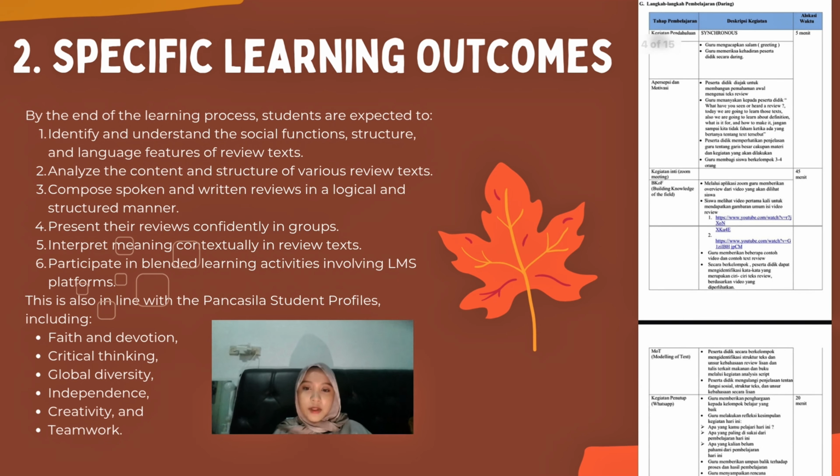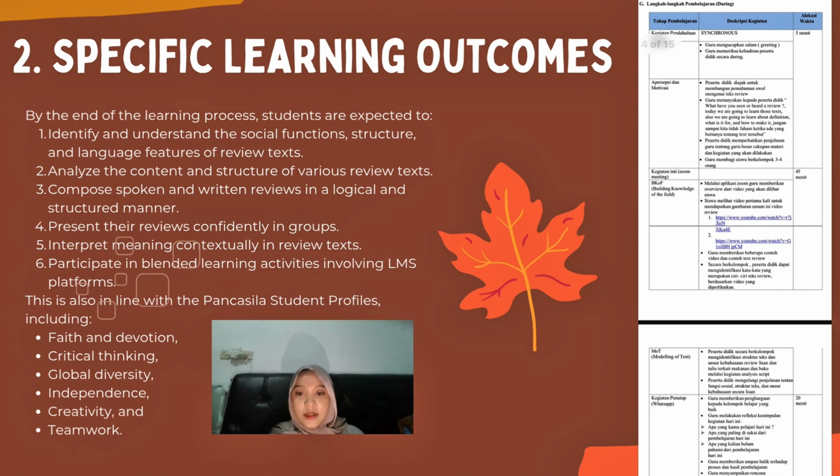So the second one is specific learning outcomes. By the end of the learning process, students are expected to, the first one, identify and understand the social functions, structure, and language features of review text. Second, analyze the content and structure of various review texts. The third, compose spoken and written reviews in a logical and structured manner. The fourth, present their review confidently in groups.